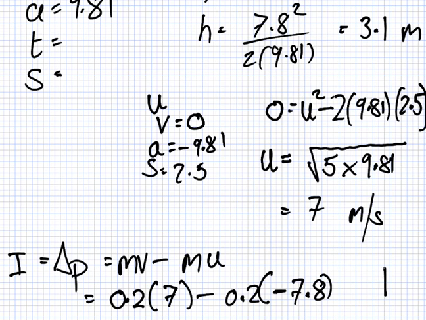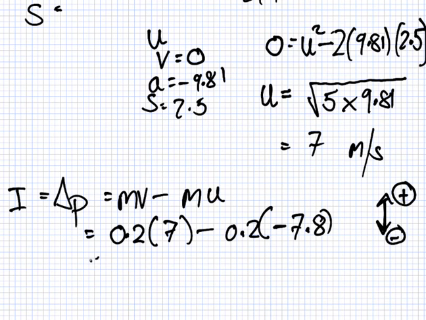And in this picture I'm saying down is minus and up is plus here. So what number do you get here? 2.96. Yes. Exciting. Right, kilogram meters per second.